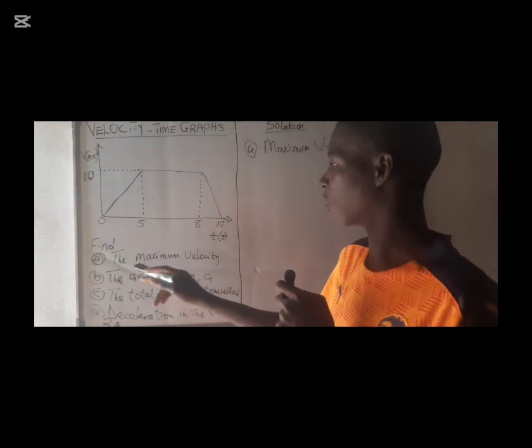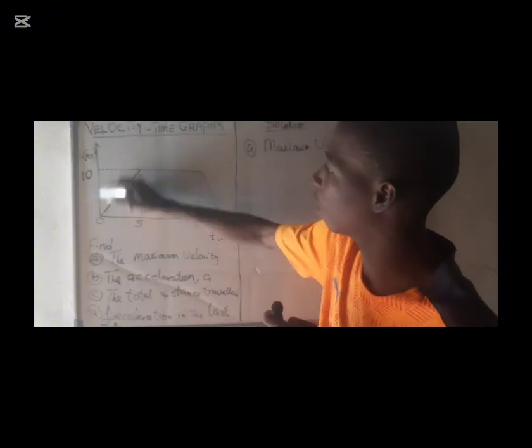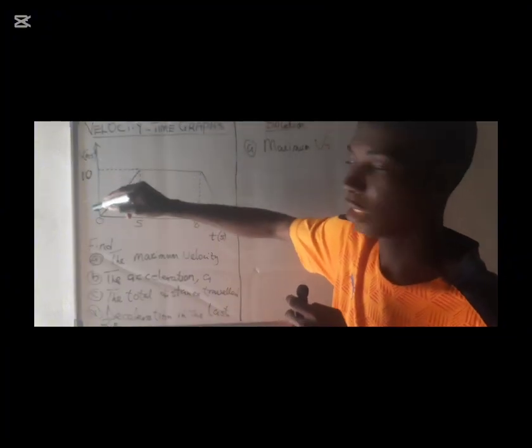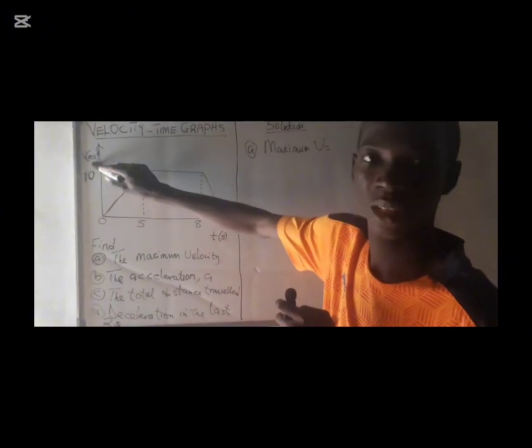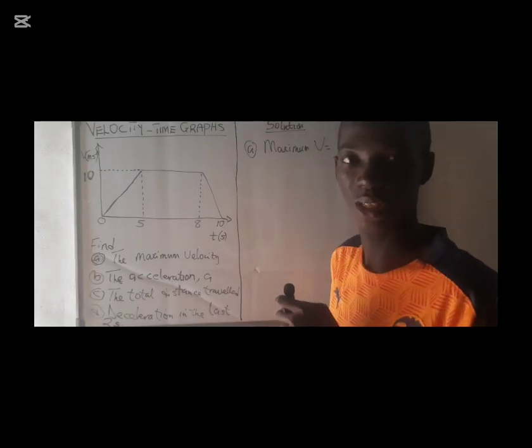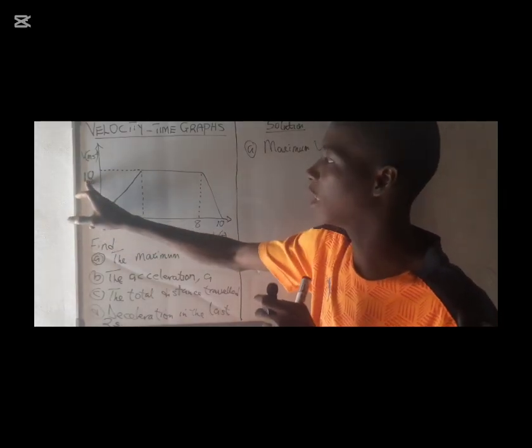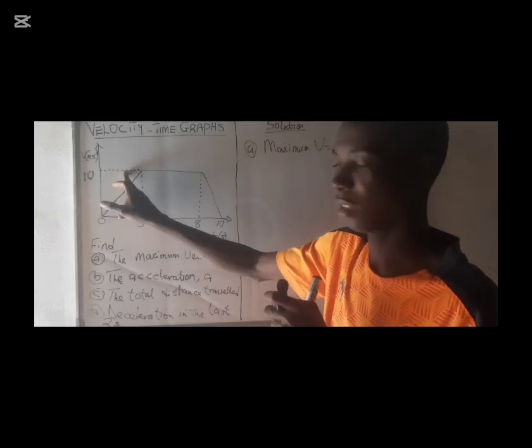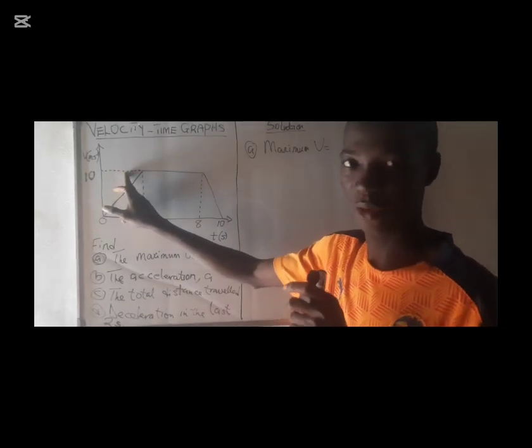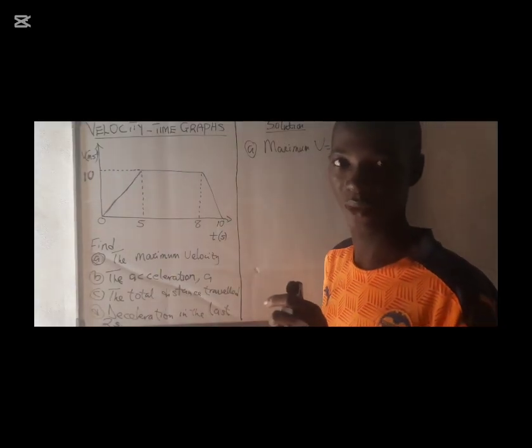To find the maximum velocity, we go to the values on the vertical axis, the velocity. To find the maximum value, you can see that our velocity here is 10. So that's our maximum velocity from the graph given.